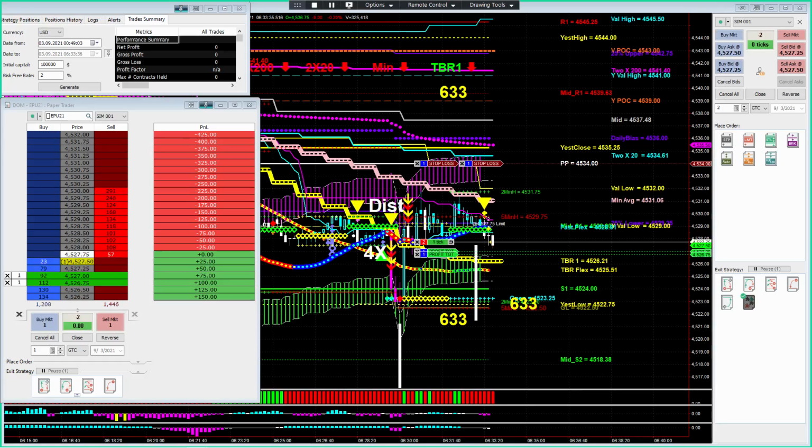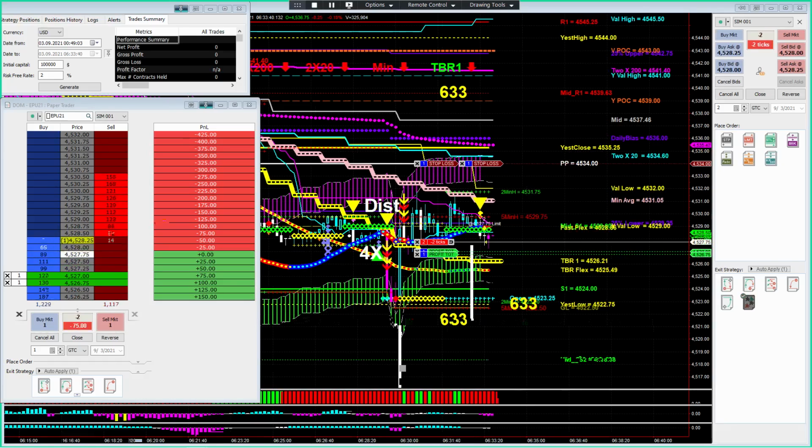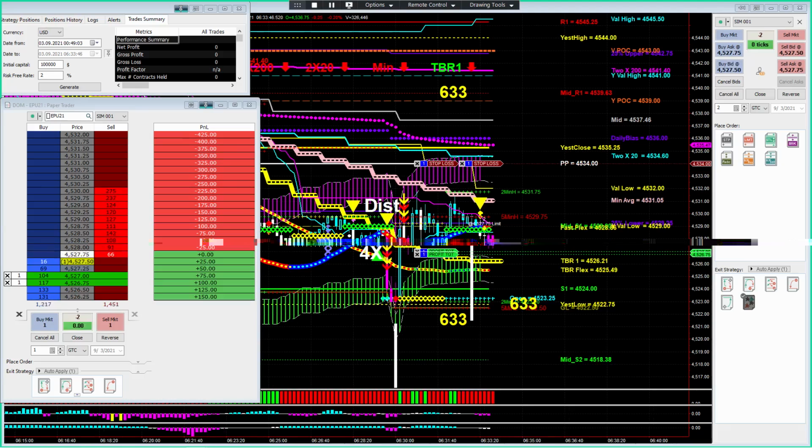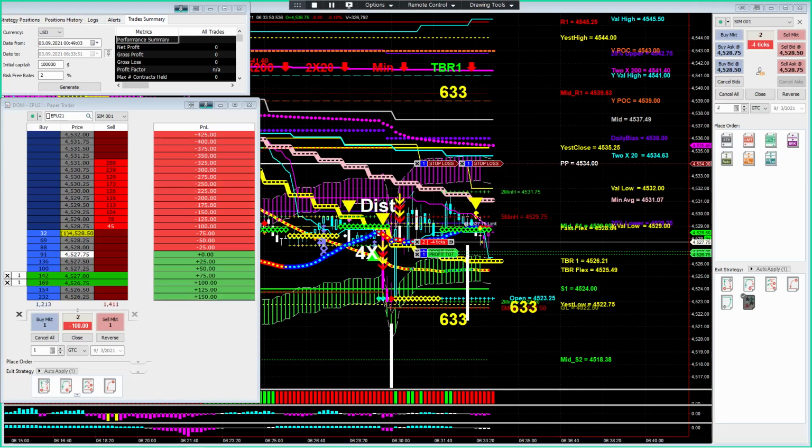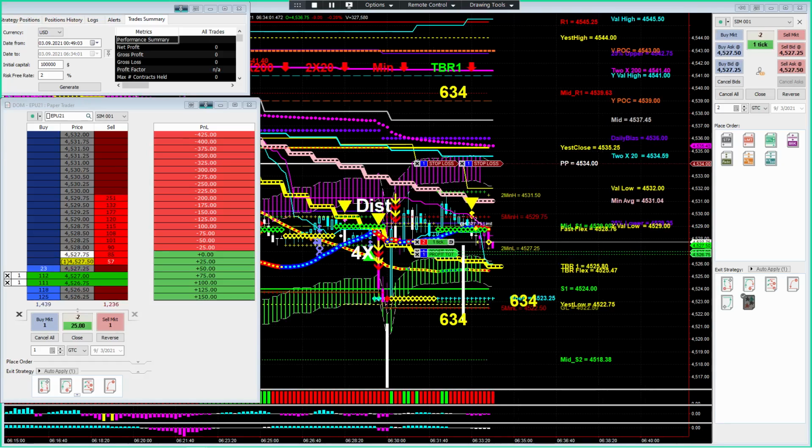So let's see, it didn't go straight forward in terms of getting me out, so I have turned the master strategy off. Just need a little bit more room. See, a little buying came in again, no particular reason for it to stop there, so I'm waiting a little bit longer.